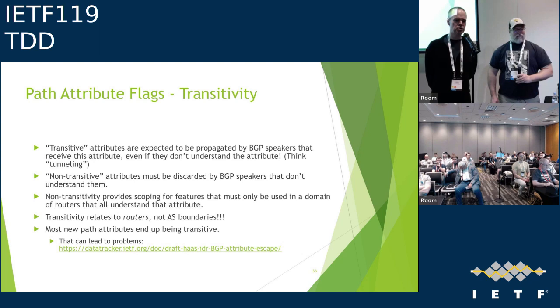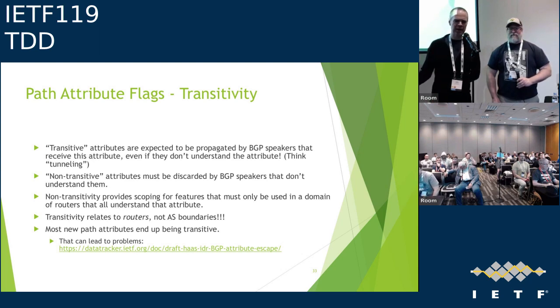Yeah, so transitivity. This has been the source of quite a bit of angst over the life of BGP. But it's also a source of a lot of the power. I guess with great power comes great ability to shoot yourself in the foot. Path attributes can be transitive or non-transitive. The transitivity that we're talking about is across routers, not across any higher abstraction units than that.